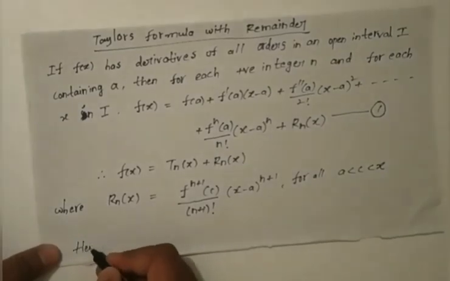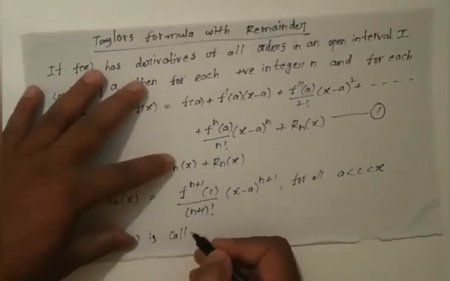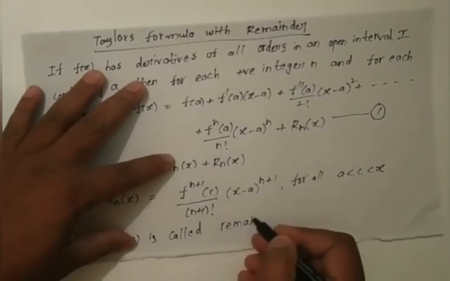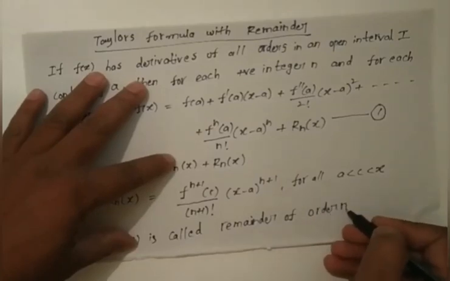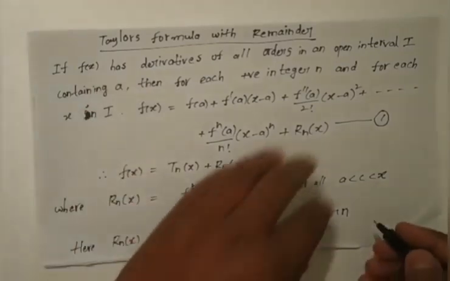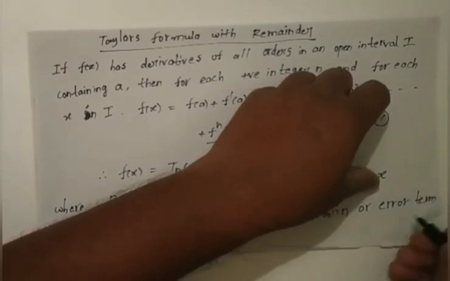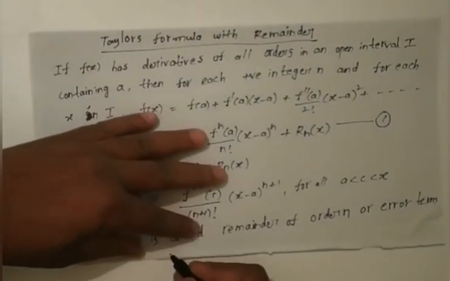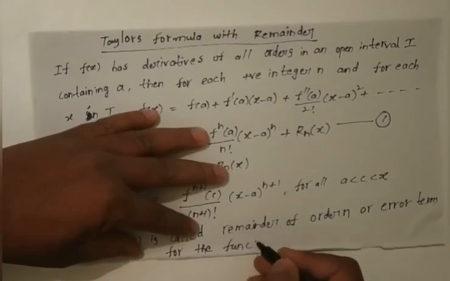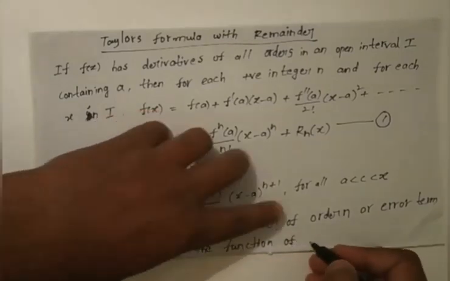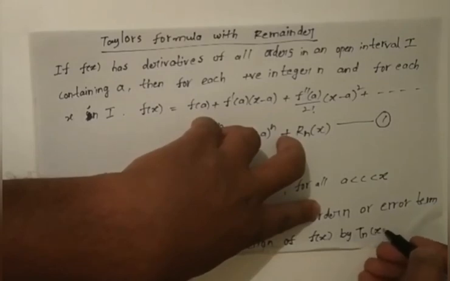Here Rn of x is called the remainder of order n or error term for the function f of x by Tn of x over I.